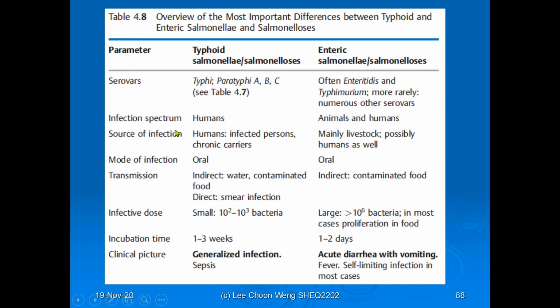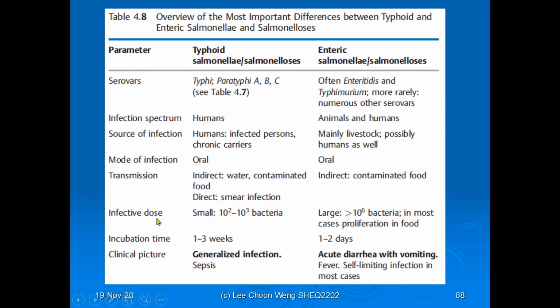Infection spectrum: typhoid salmonellosis only infects humans, enteric salmonellosis infects both animals and humans. The source of infection is only humans for typhoid, and livestock and sometimes humans for enteric. The mode of infection is similar, both oral through contaminated food and water.